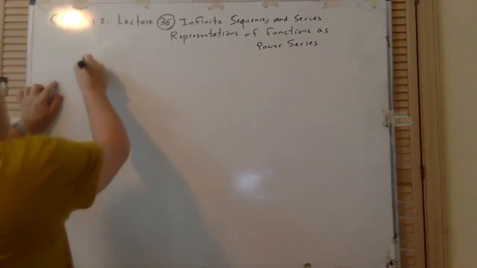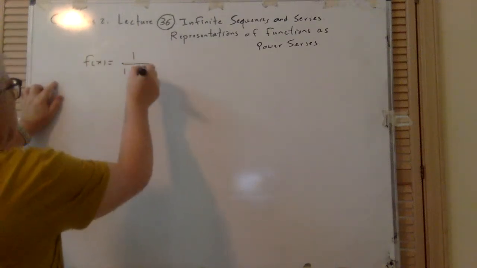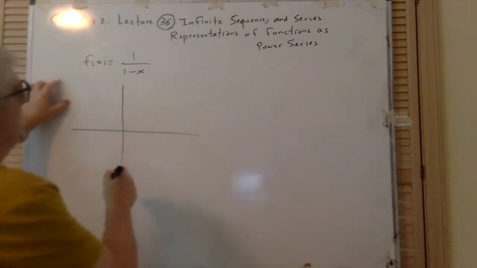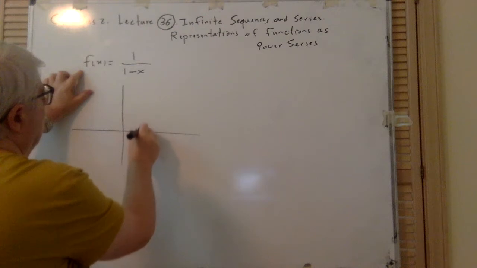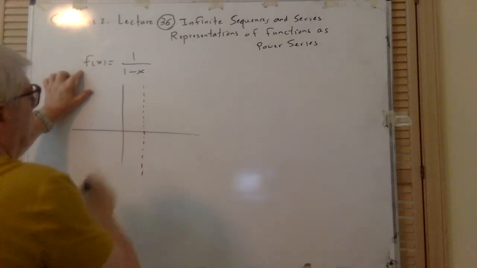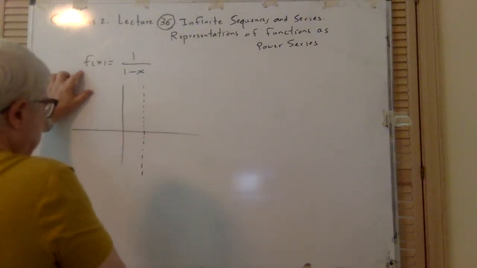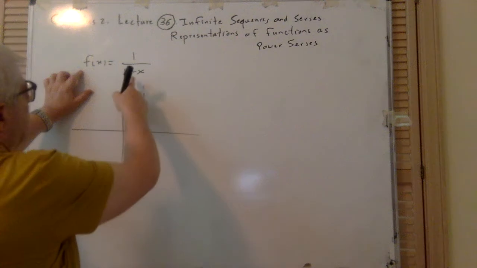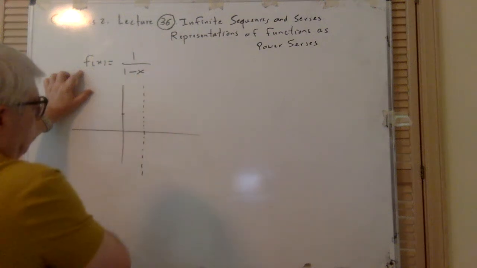What does this function look like? f of x is 1 over 1 minus x. We know from elementary algebra that it has a vertical asymptote at 1. And what is the y-intercept? x equals 0 will give me 1, so it goes through this point, right?